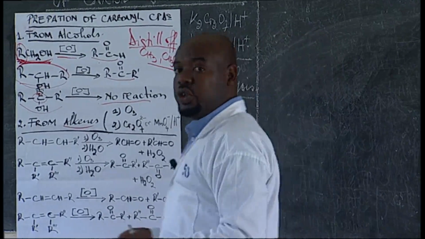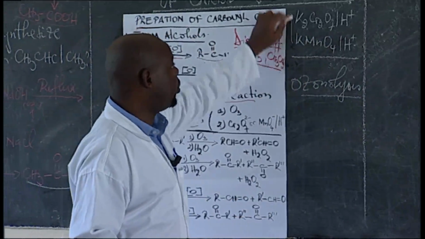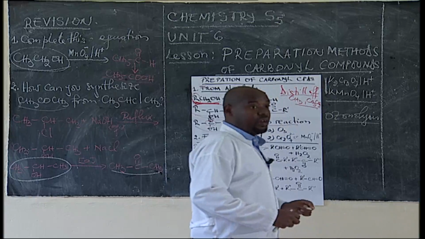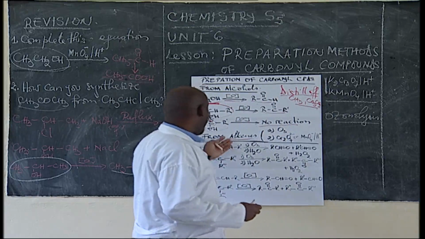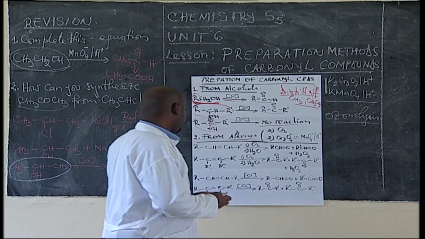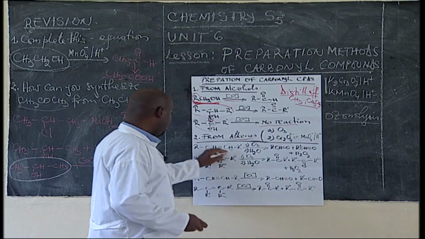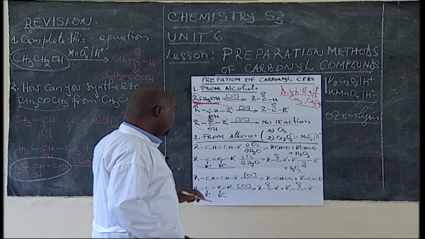And we can also use the common oxidation, where we use these two oxidizing agents. What do we get when we use alkenes and we carry out ozonolysis? We have the reactions here, reaction number 1 and reaction number 2.